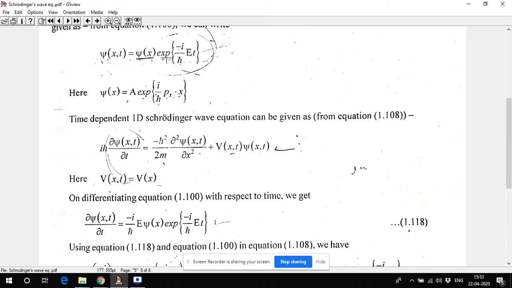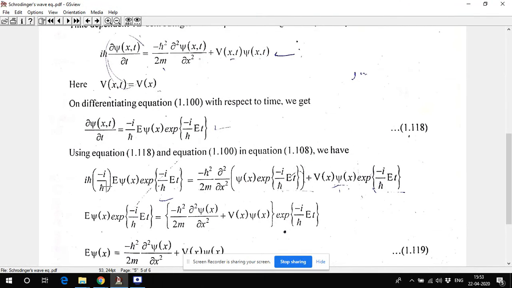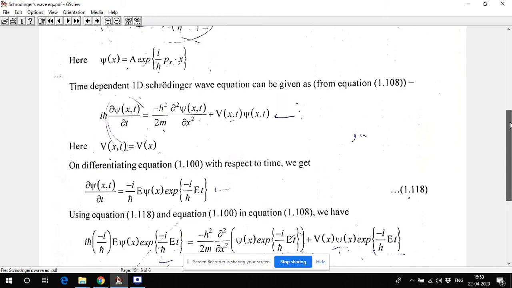The differentiation of exponential minus iota upon h cross Et will result once again in exponential minus iota upon h cross Et, with the additional quantity multiplied by minus iota upon h cross E, which you can see here. And all the quantities in iota h cross del psi(x) will be constant, with exponential minus iota upon h cross Et the same.